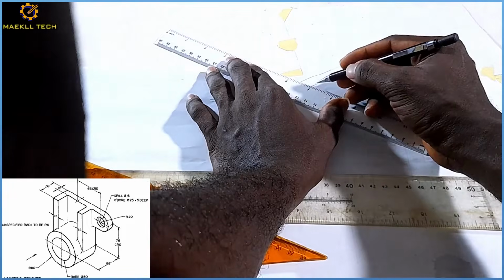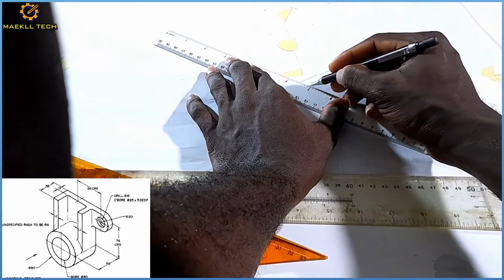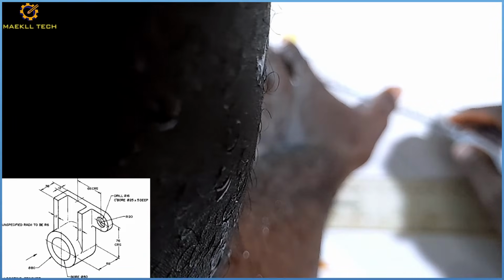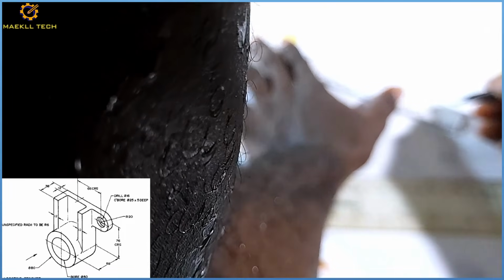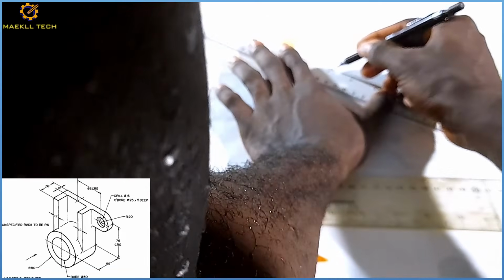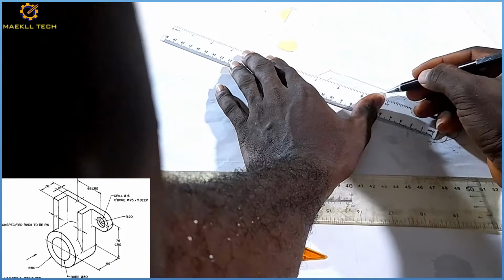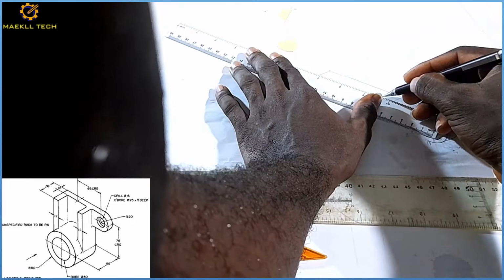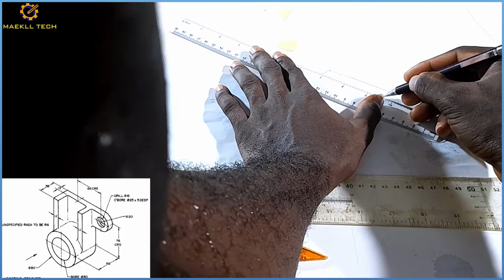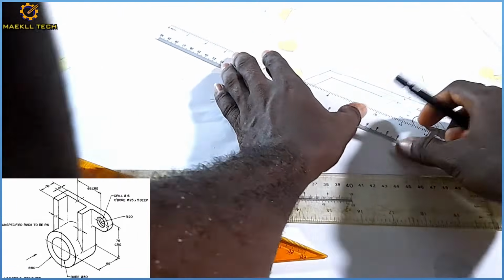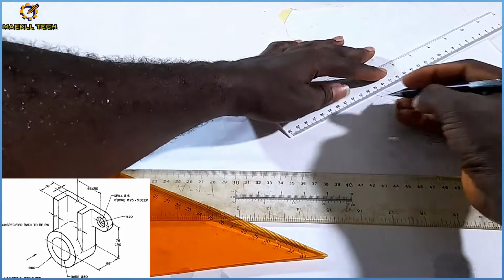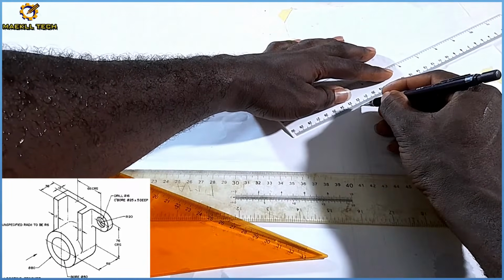This area join like this, and this area joined like this. Then this area from there to there join like this. Then this area from here to here like this.